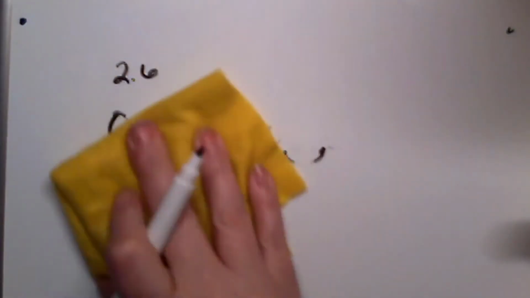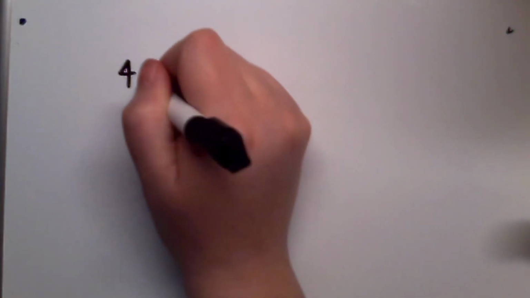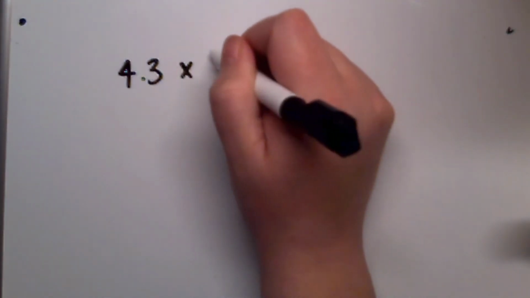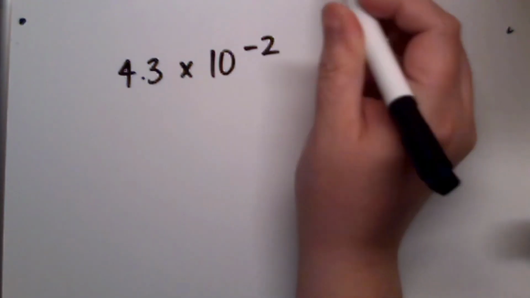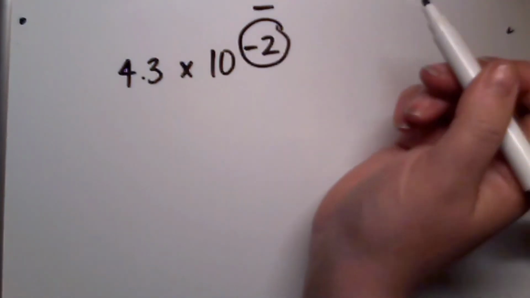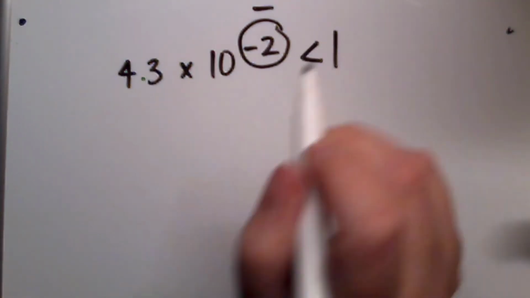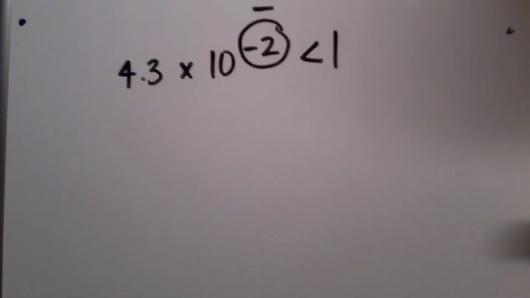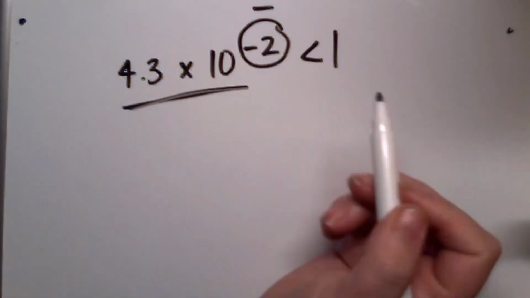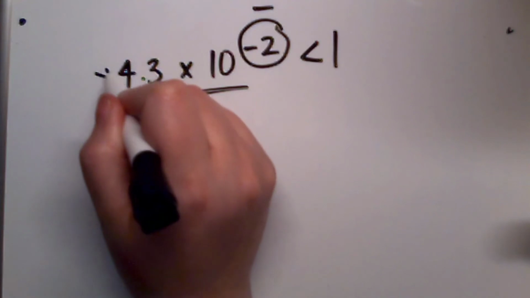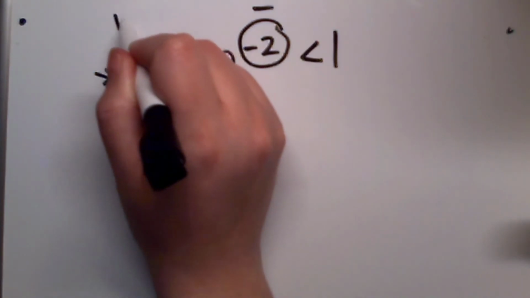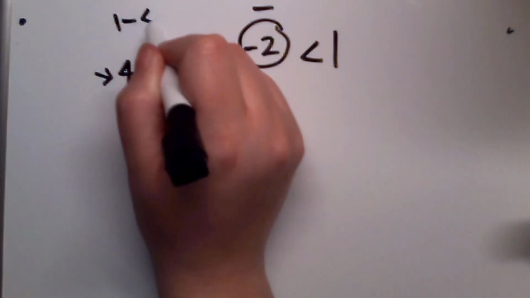We can do another example here. Let's do 4.3 times 10 to the negative 2. So again, this is a negative number. This means that this number will be less than 1. And the other thing I want you to notice when we're writing in scientific notation, look at this number. This number has always been between the numbers 1 and less than 10.